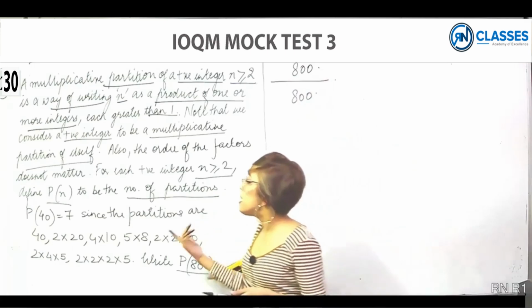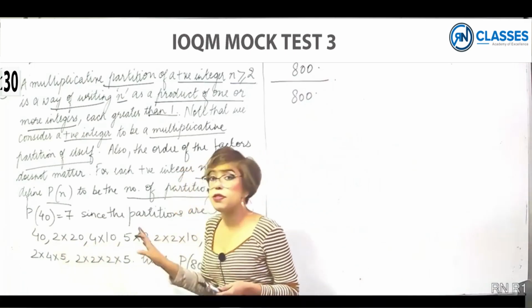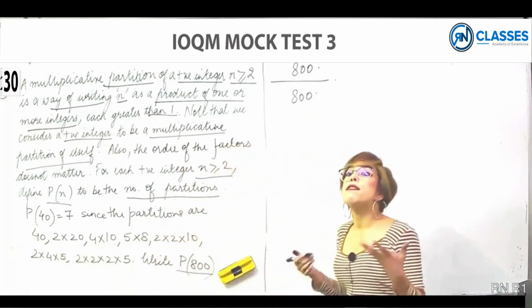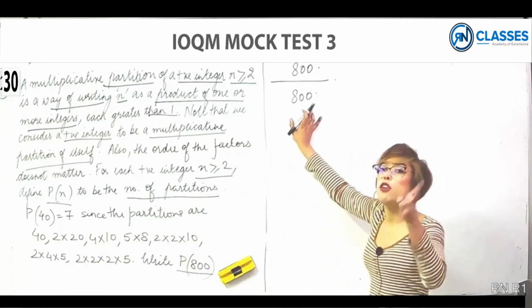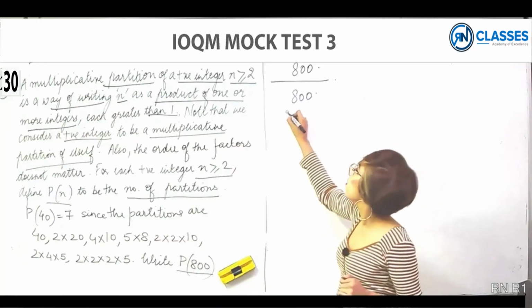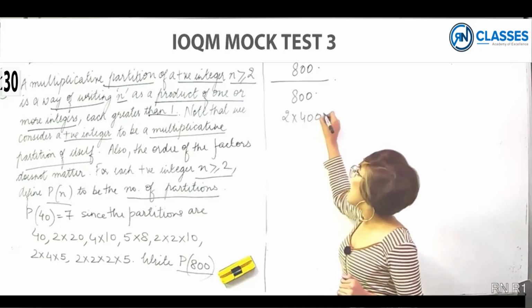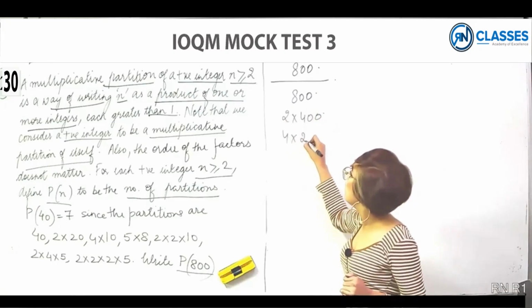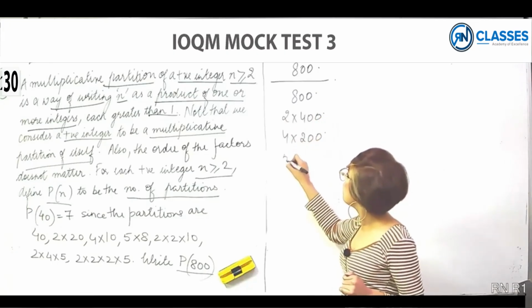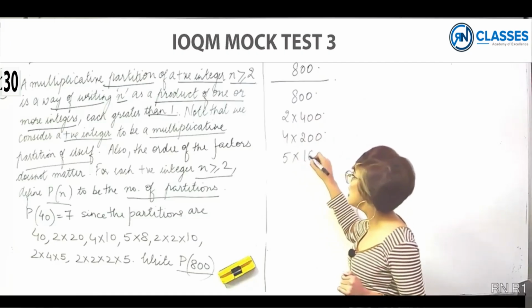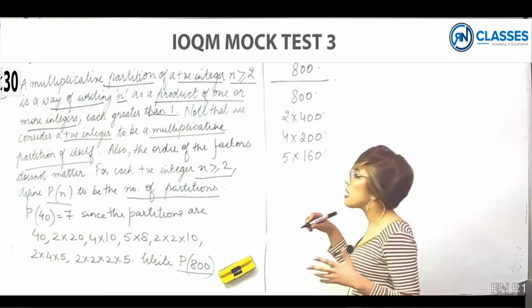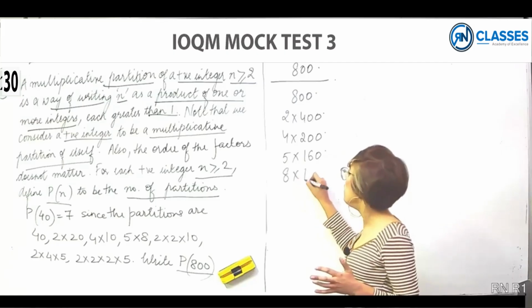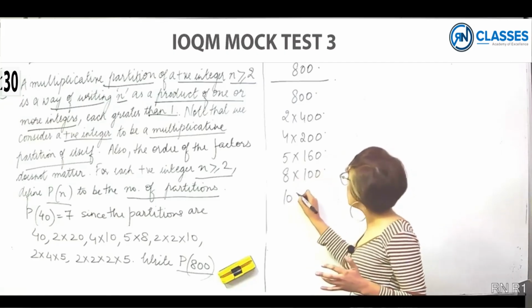Then first I'll write all the products of two numbers, that is, the ways in which I can express 800 as a product of two numbers. So I can start with 2 into 400. Then 4 into 200. Then 5 into 160. Then obviously 6, 7, no, 8, yes, 8 into 100. Then 10 into 80.